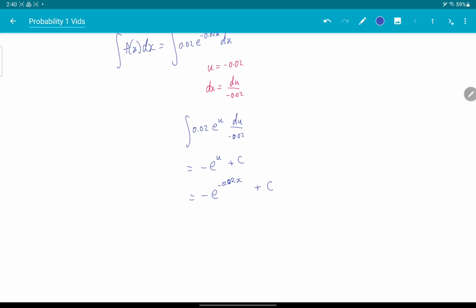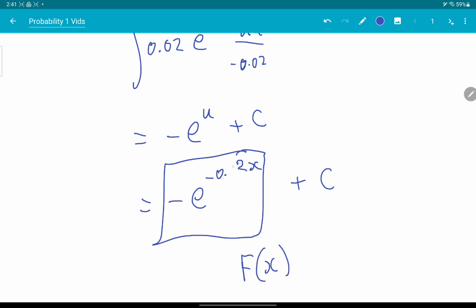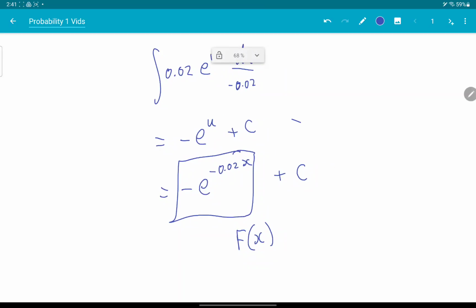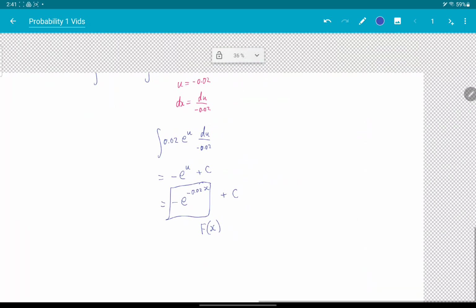So we're going to be doing these 3 integrals above, and we're going to be using this guy right here as our antiderivative, capital F of x. Let's keep that in mind as we proceed.